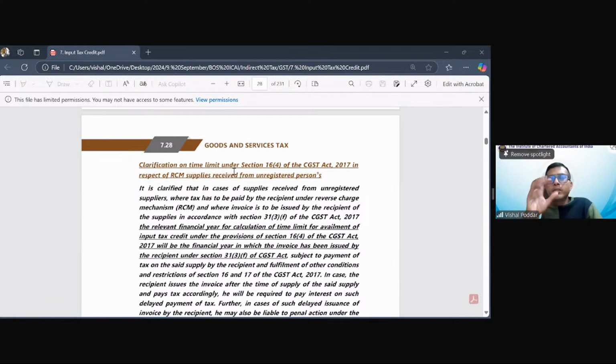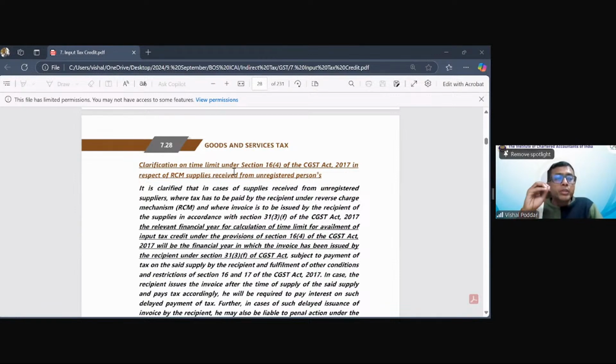Now in this, there is a slight variation. Let us say this expenditure is of RCM, where I have got some inward supply from Ginny, who is a lawyer, and since she is a lawyer, whatever her legal charges are, I have to pay tax myself under RCM because legal charges fall in RCM.